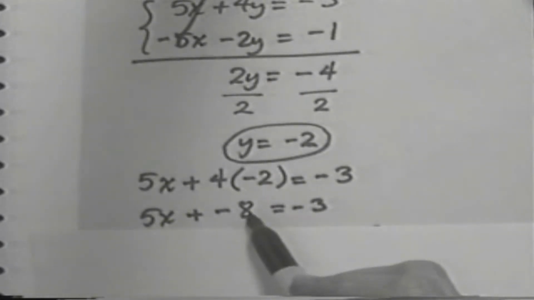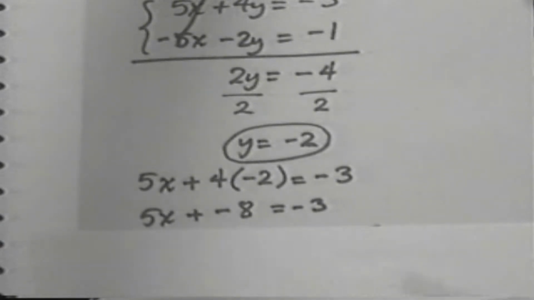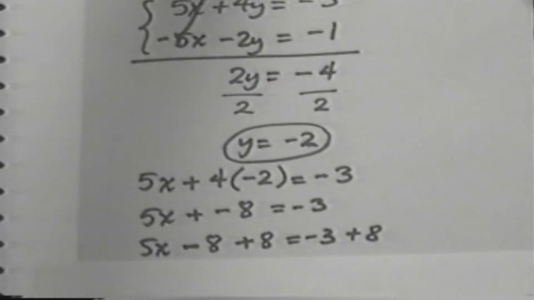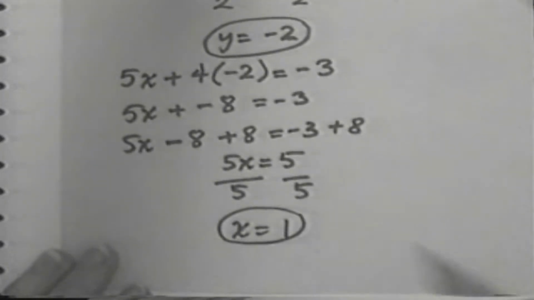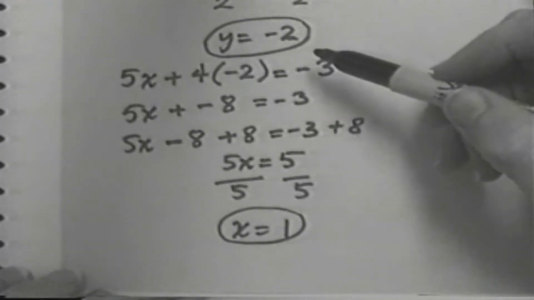We'll eliminate the negative 8 being added on the left by adding positive 8 on both sides. 5x minus 8 plus 8 equals negative 3 plus 8, and that gives me 5x equals 5. And when we divide by 5, clearly that gives us x equals 1. So the 2 by 2 system solves to give the x value of 1 and the y value of negative 2.